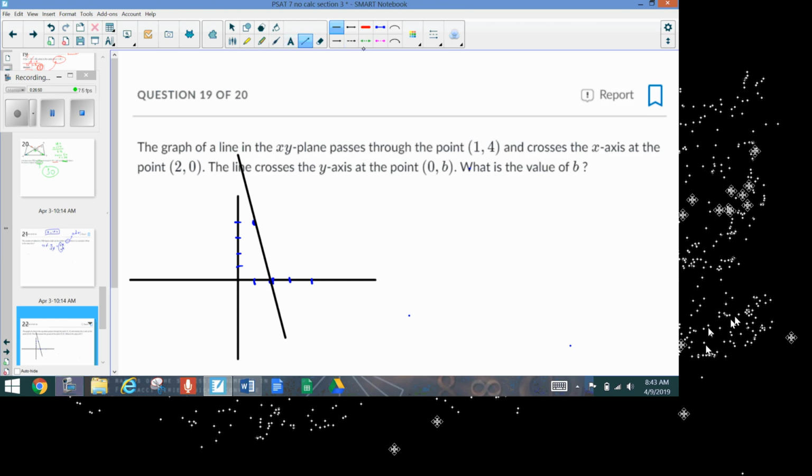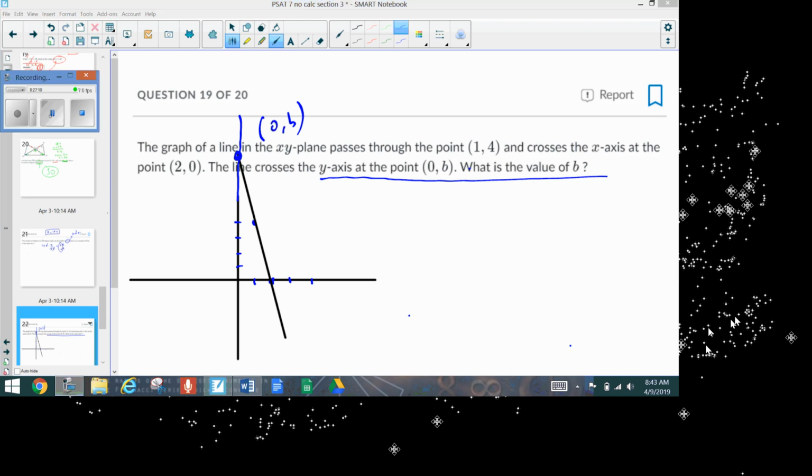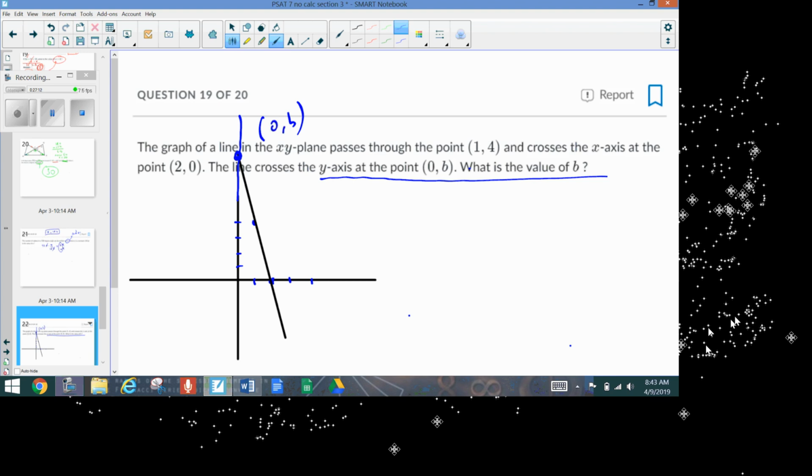Okay, and then what is the question? The line crosses the y-axis at point 0, b. So that is 0, comma b. Am I right? So what is the value of b? You can see the slope, right?